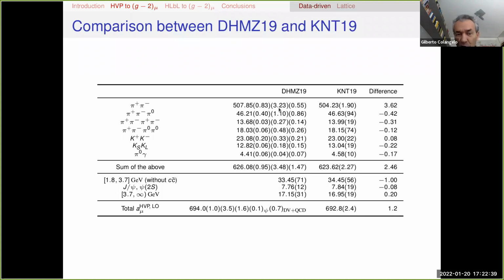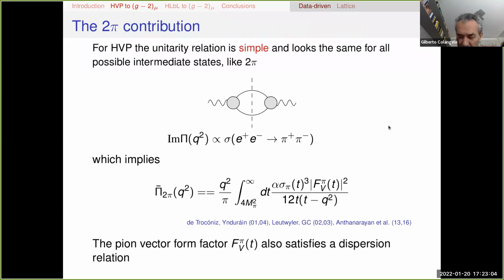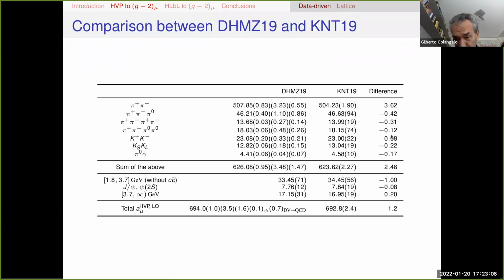And in particular, for the main contribution, the 2 pion contribution, the difference is 3.6, in fact, of the order of the final total error of the collaboration which has the largest error. And so this relatively large difference is then compensated by other differences with opposite sign, which in the end combine to give you a total, very small difference.